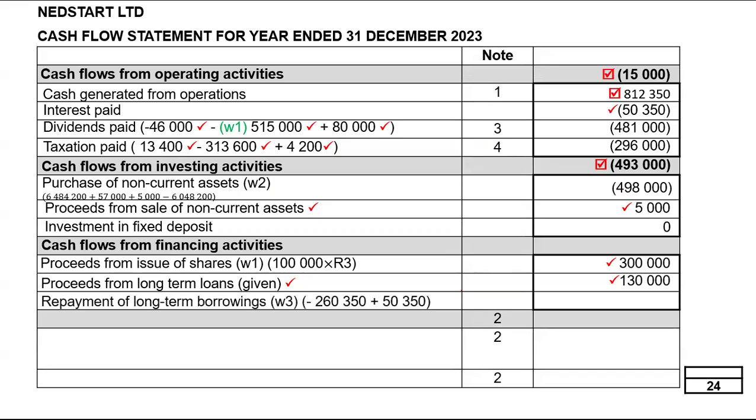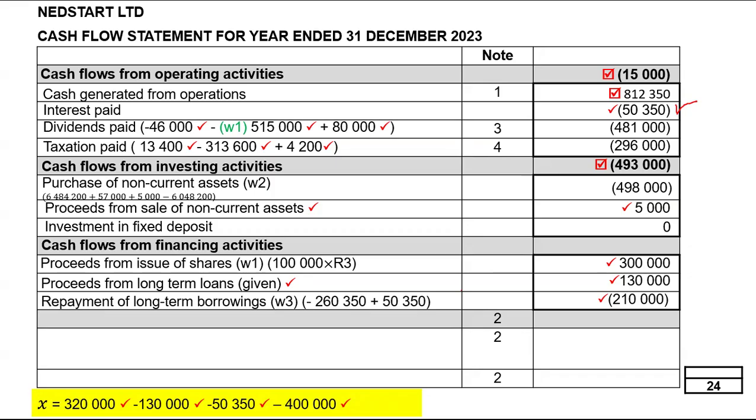So it'll be negative 260,350 plus the 50,350. We are canceling the interest because the interest is already there. So from the 260, you need to exclude that interest. So the remaining part will be the capital portion, which goes under financing activities. And that will be 210,000. I hope it makes sense.